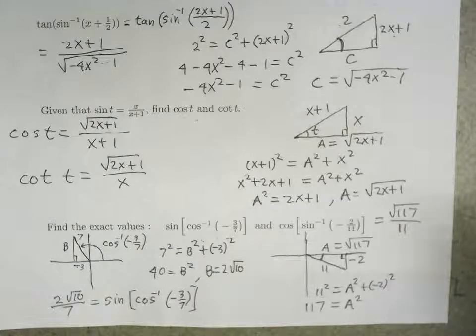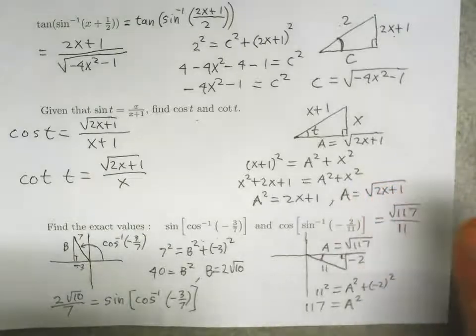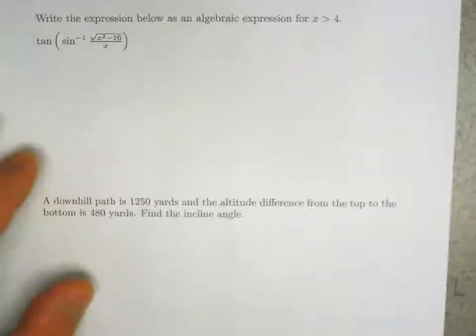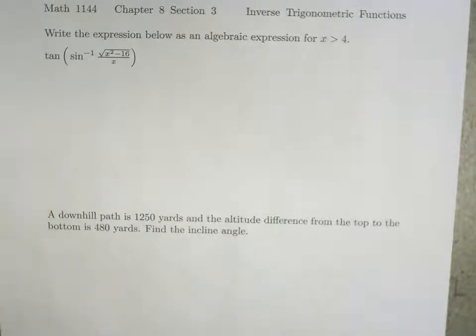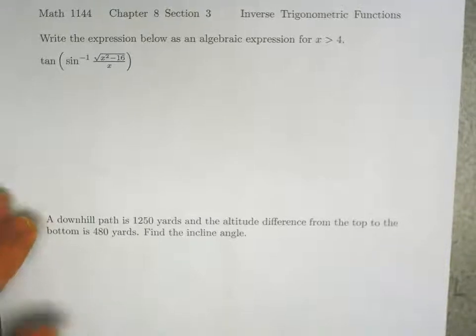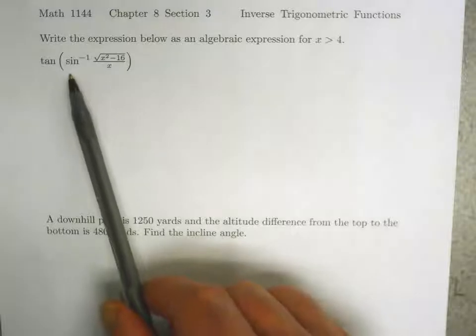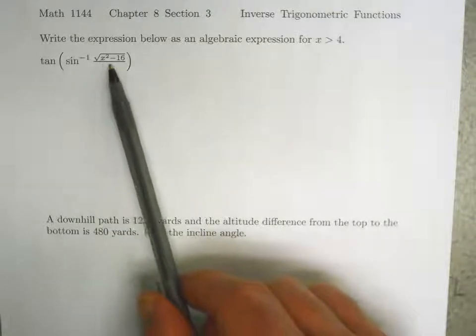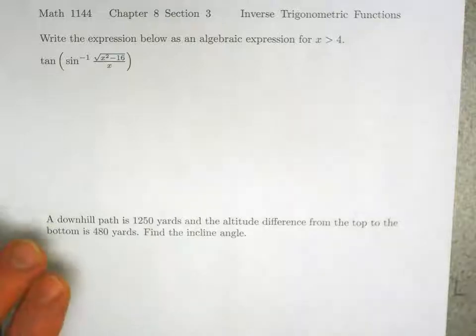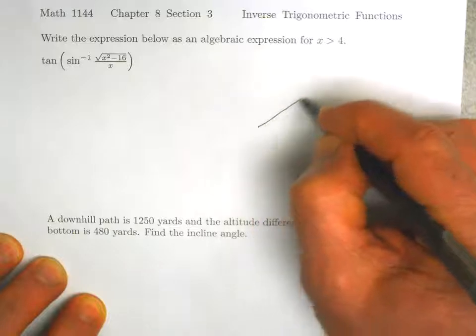Okay, the next couple of problems will be a little bit easier in comparison. A little bit. This one, write the expression below as an algebraic expression for values of x greater than 4. So compute the tangent of the inverse sine of the square root of x squared minus 16 over x. So we'll use a right triangle to help us.